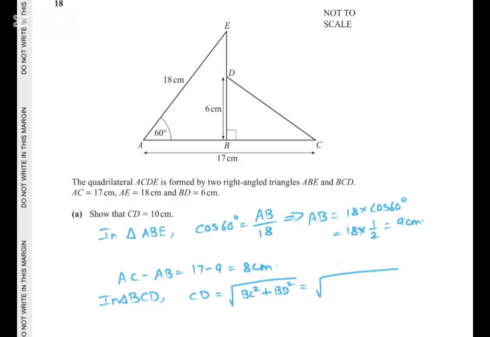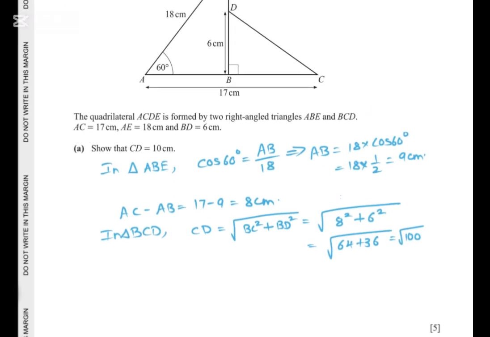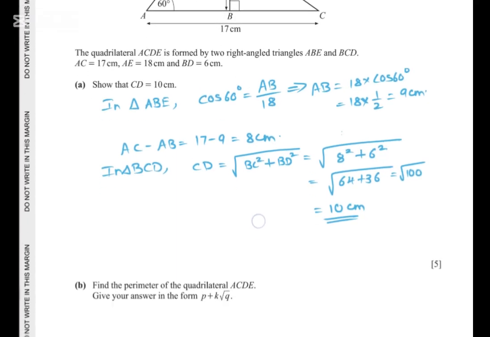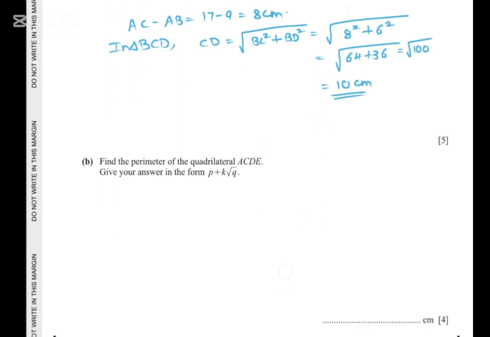BC we just got as 8, so 8 squared plus 6 squared, which is the square root of 64 plus 36, which is the square root of 100. The square root of 100 is 10 centimeters. So we got the answer. Question A is done. Question B now.